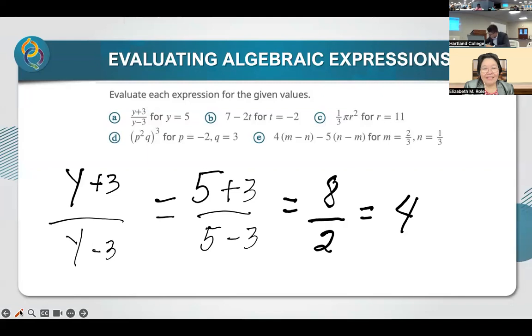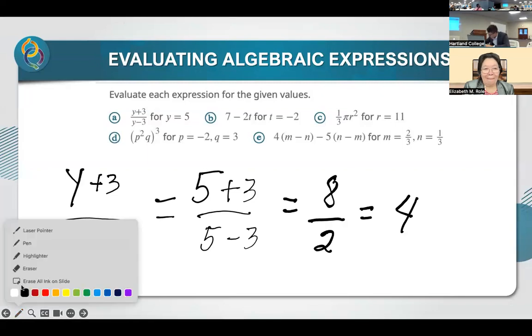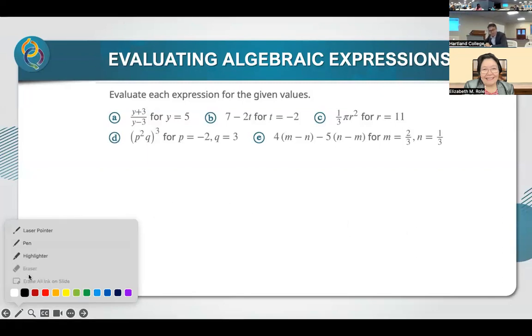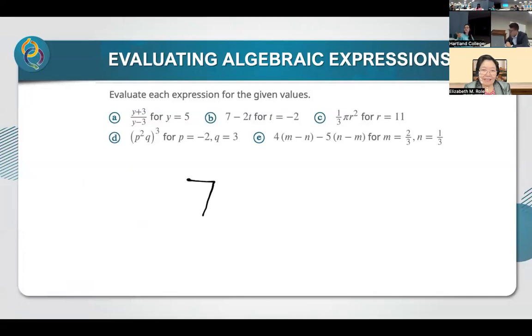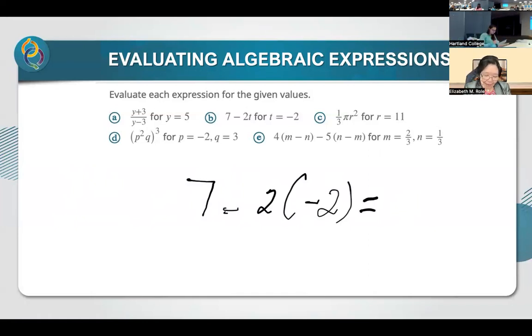Who wants to give an answer? It's 11 for B. Did everyone get 11? Yes, because we now have 7 minus 2 multiplied by -2, and negative times 4, negative times negative is positive.